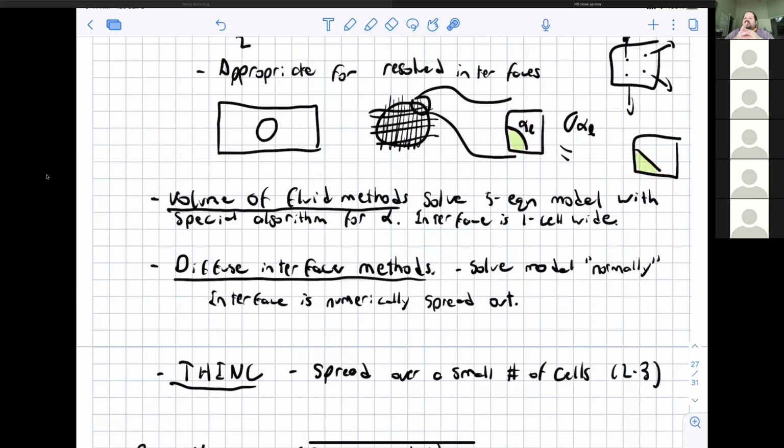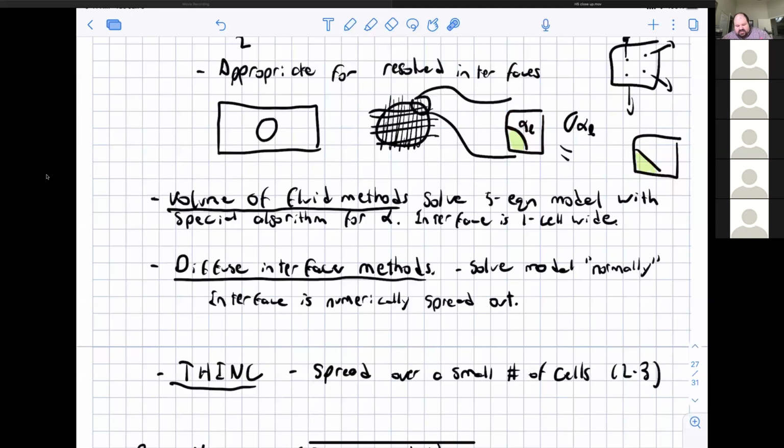The cells that contain both the gas and liquid are, by definition, if the method is working properly and you've coded it right, spread over exactly one computational cell. That's just by definition of how it works. So it has very sharp interfaces, and there are very special algorithms for dealing with that. I'm not going to get into those. They're fairly complex to implement.